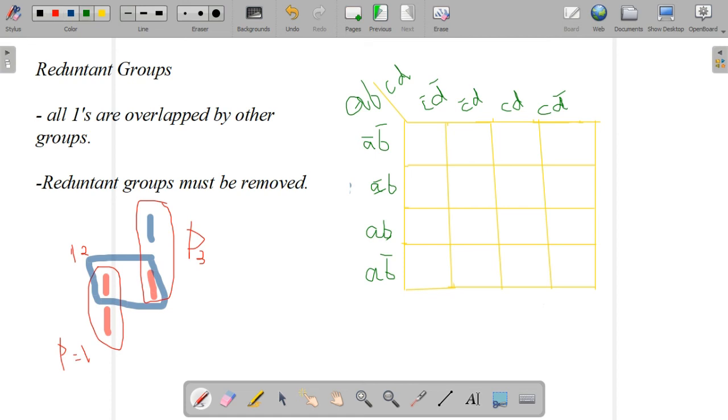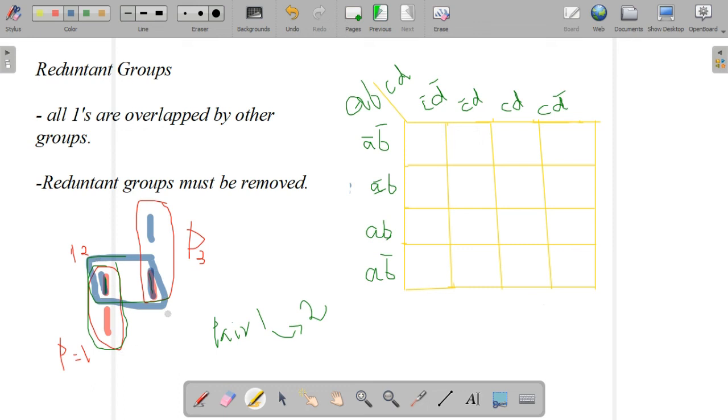And next you have to check, is there any redundant groups? What is a redundant group? All ones are overlapped by other groups. So is there any overlapped one? You should look. In this pair 1, this one is occupied by pair 2 also.